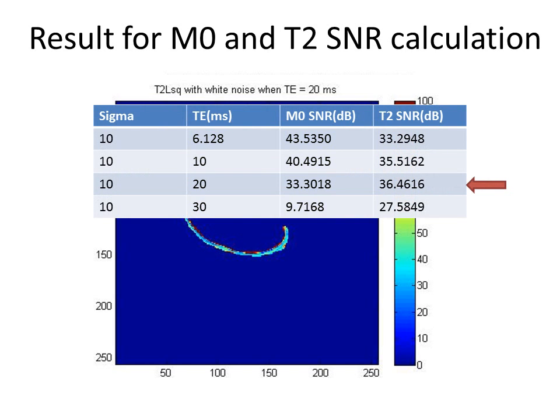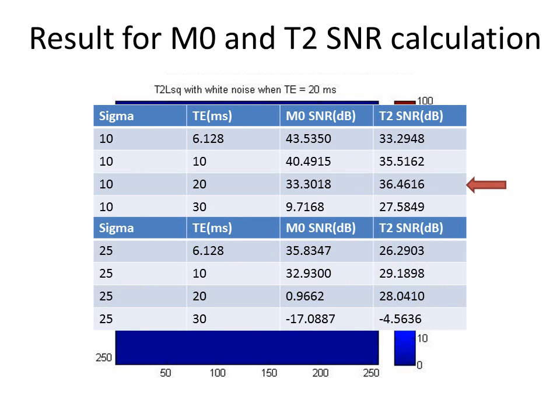So here I want to show you some tables about the SNR. When sigma is equal to 10, the standard deviation equal to 10, the T2 SNR optimal TE should be 20 ms because the T2 SNR is the biggest.